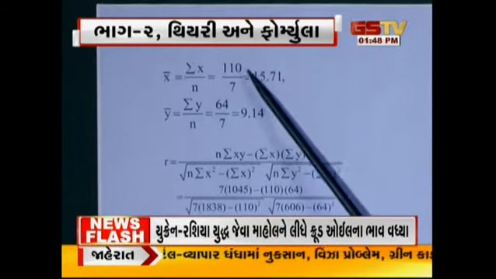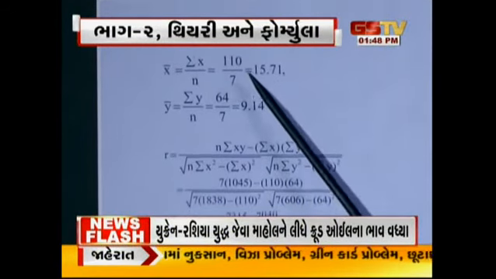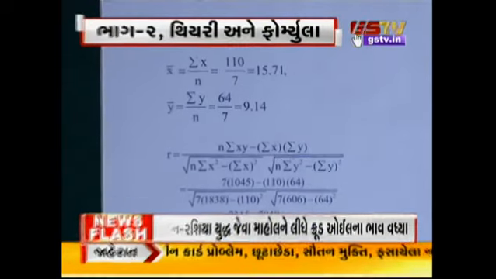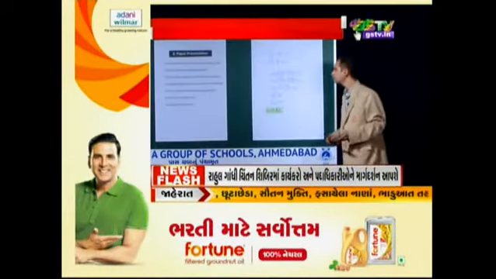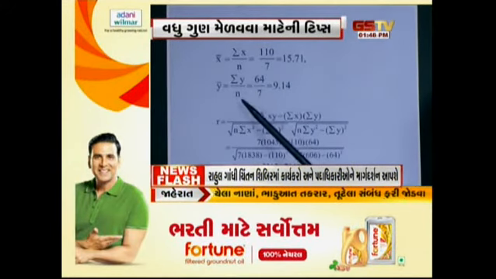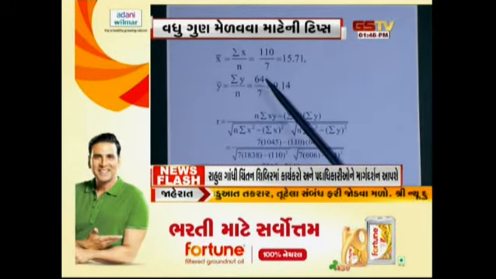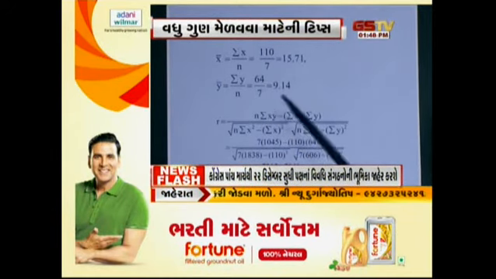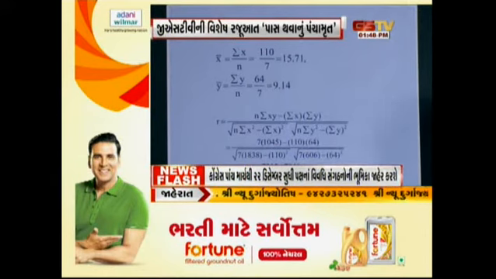The total of x, 110, divided by 7, the number of observations, gives the answer 15.71. In a similar manner, y bar is equal to sigma y upon n. The total of y, 64, divided by 7, the number of observations, gives 9.14.